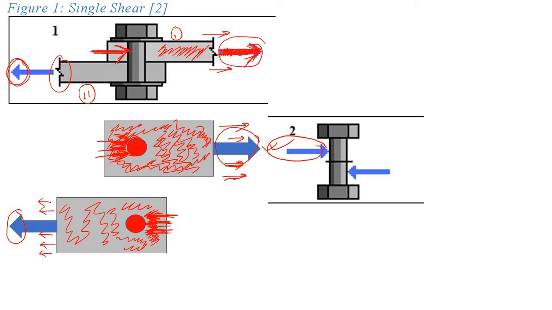Similarly here also, at the back side of the bolt there is a resultant force, and this force has been replaced by this one. Got it?